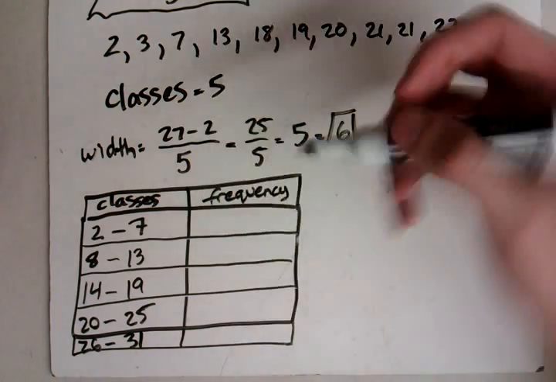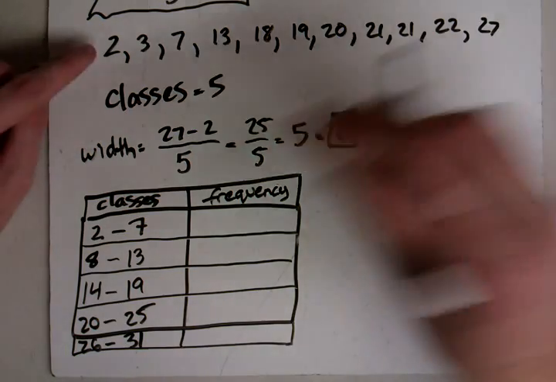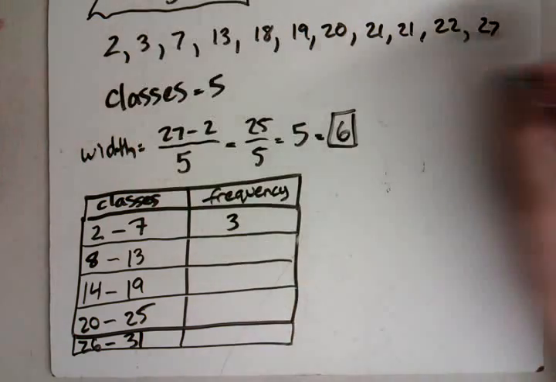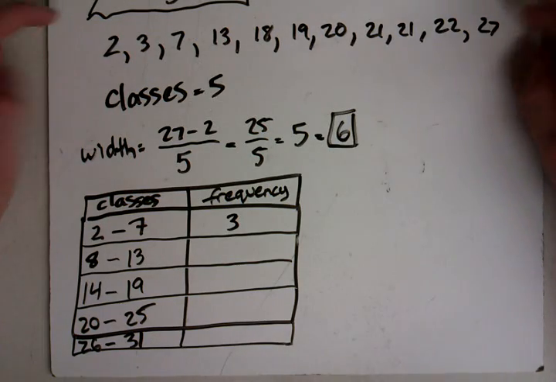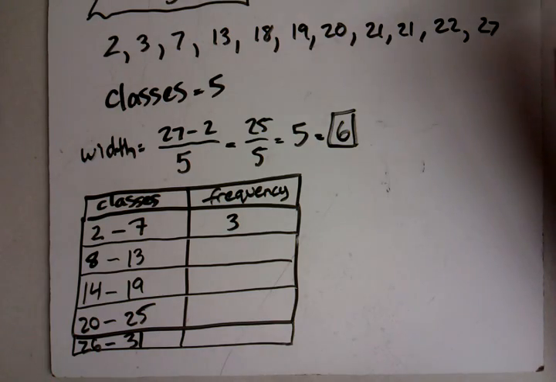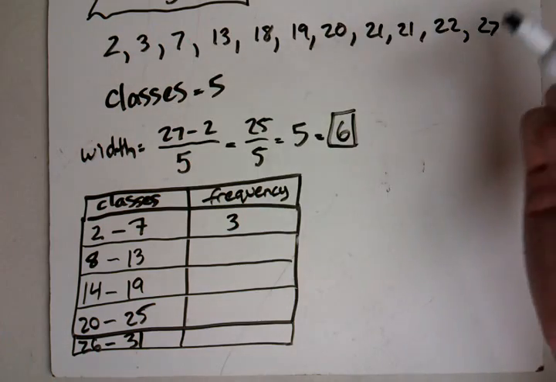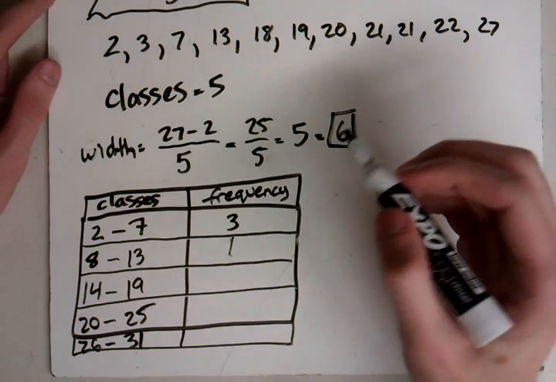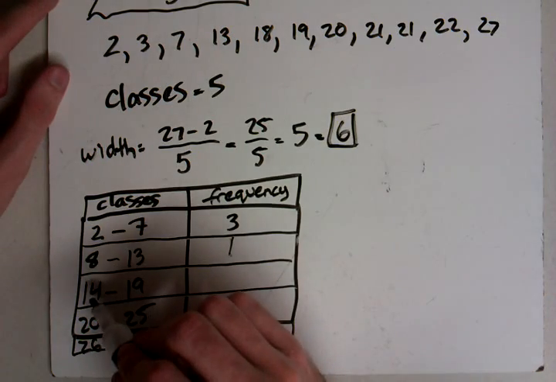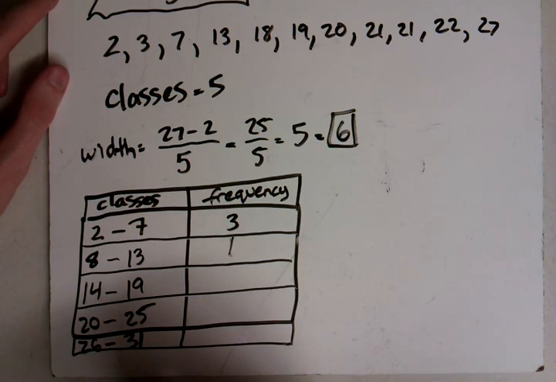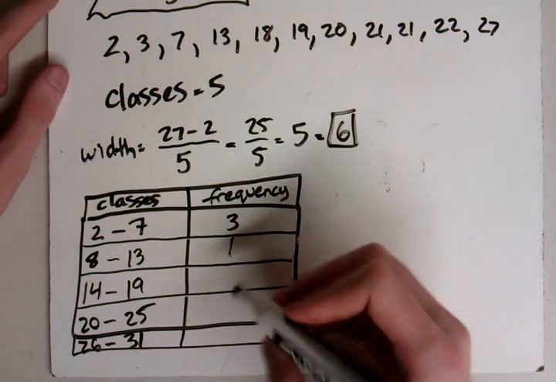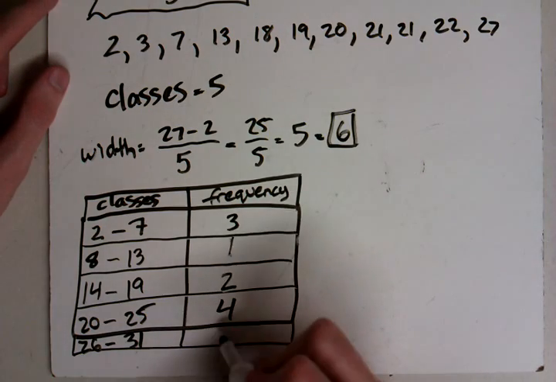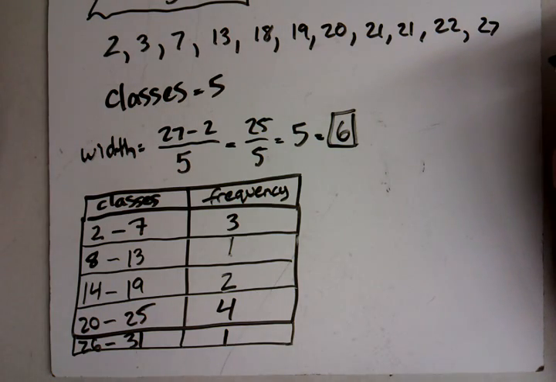Then your frequency tells how many of these numbers you have. Numbers between 2 and 7, I've got 1, 2, 3. It's really helpful if you have your numbers already sorted from least to greatest. Otherwise, you'll want to make little slashes when you count something. Then 8 to 13, I've just got one number. 14 to 19, I have 2 numbers. 20 to 25, I've got 4 numbers, and then I've got 1 number in the 26 to 31 range.